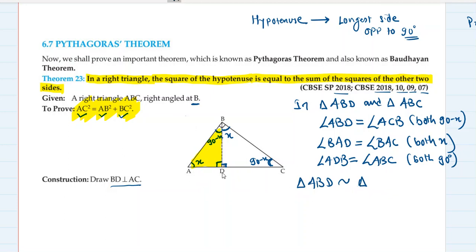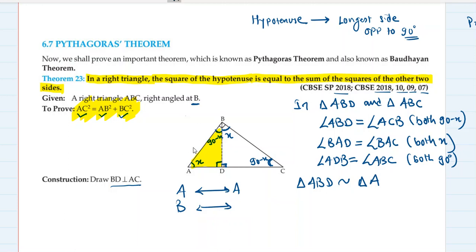Okay, so what is corresponding with A of triangle ABD with a point of triangle ABC? See, angle A is x. In triangle ABC also angle A is x. So A is corresponding with A. Remember, A is corresponding with A. B in triangle ABD, in this small yellow triangle, B is how much? 90 minus x.